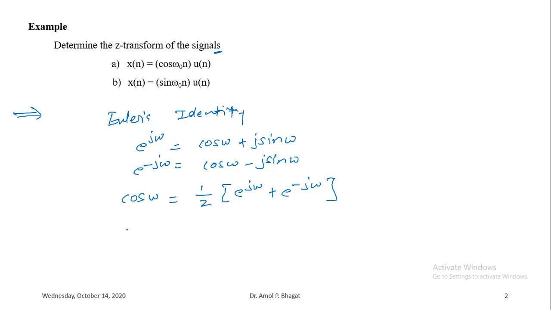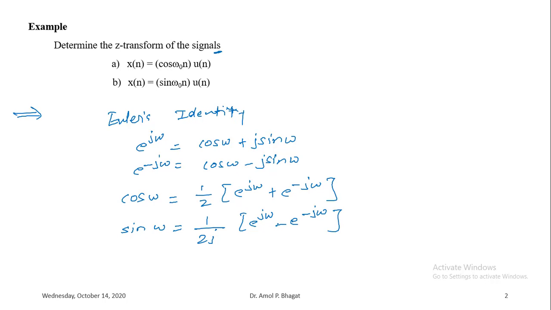Similarly, sin omega can be represented as 1 upon 2j times e to the power j omega minus e to the power minus j omega. Again, e to the power j omega is cos omega plus j sin omega, and e to the power minus j omega is cos omega minus j sin omega.